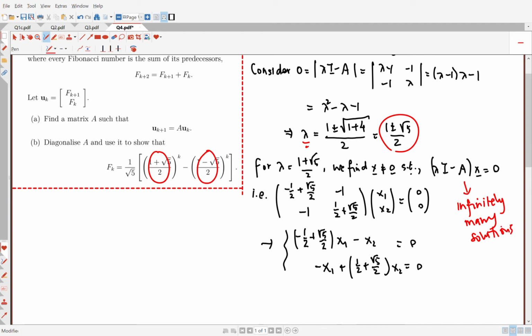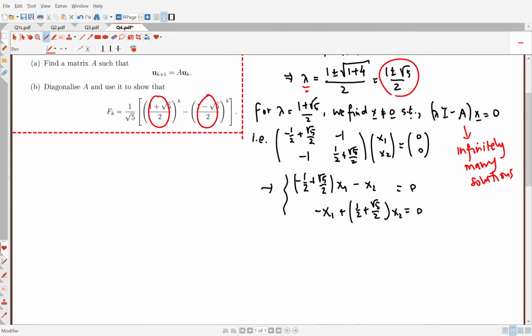Okay, there shouldn't be a unique solution. It must have infinitely many solutions. What does it mean? It means that there should be free variables here, free parameters.